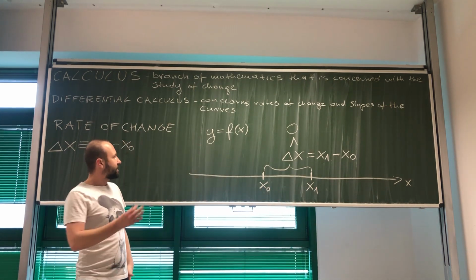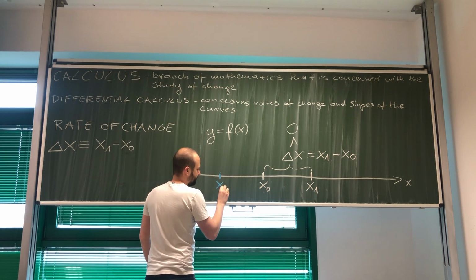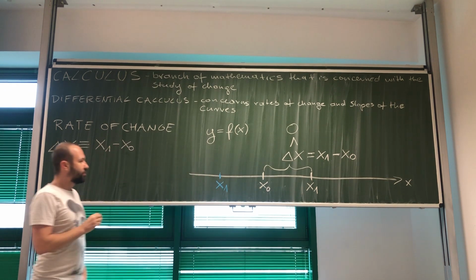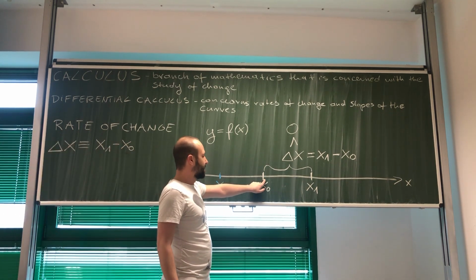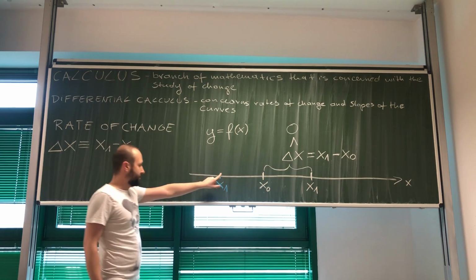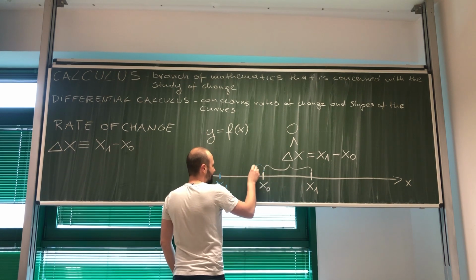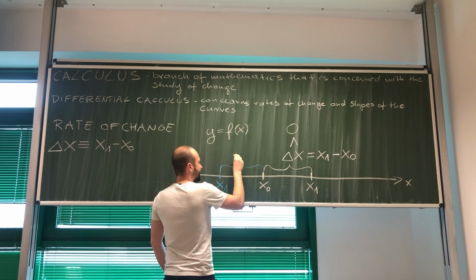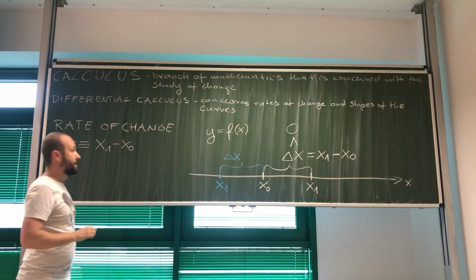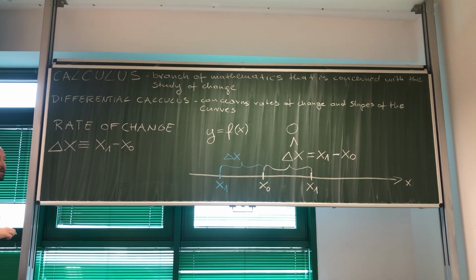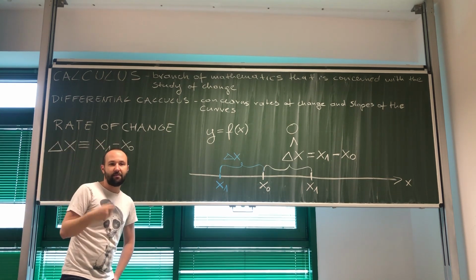And if we had a different scenario in which x1 is somewhere over here, we see that x0 at the beginning was here, now it is here. So the distance between the two is equal to delta x. Now, how do we calculate it? We will calculate it in exactly the same way.